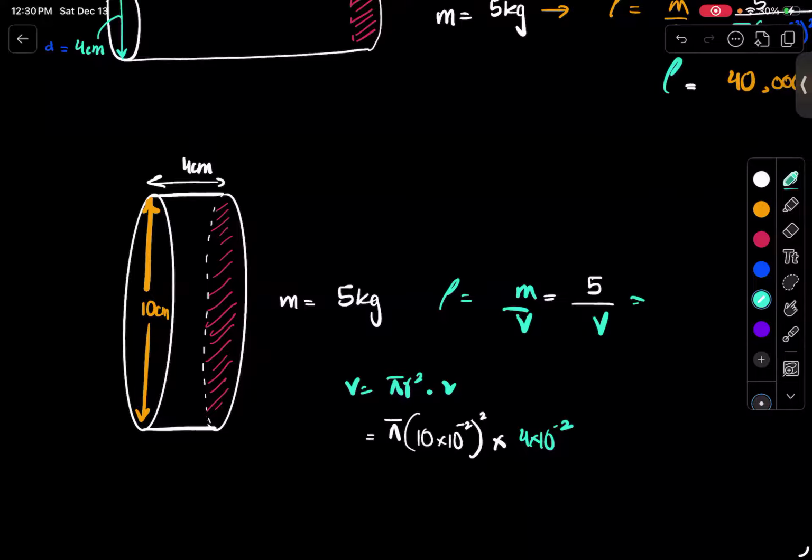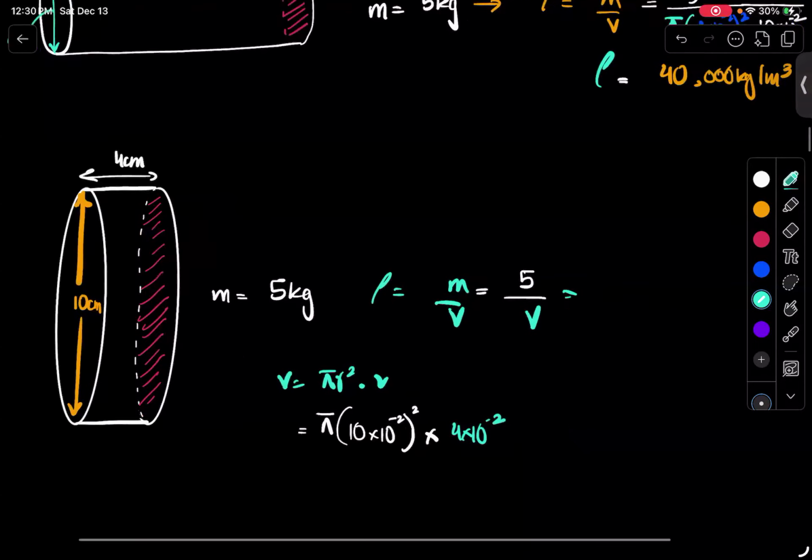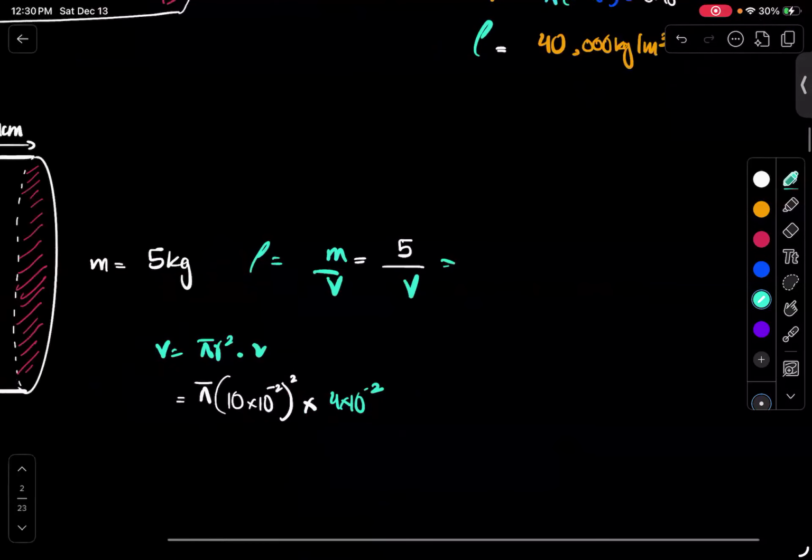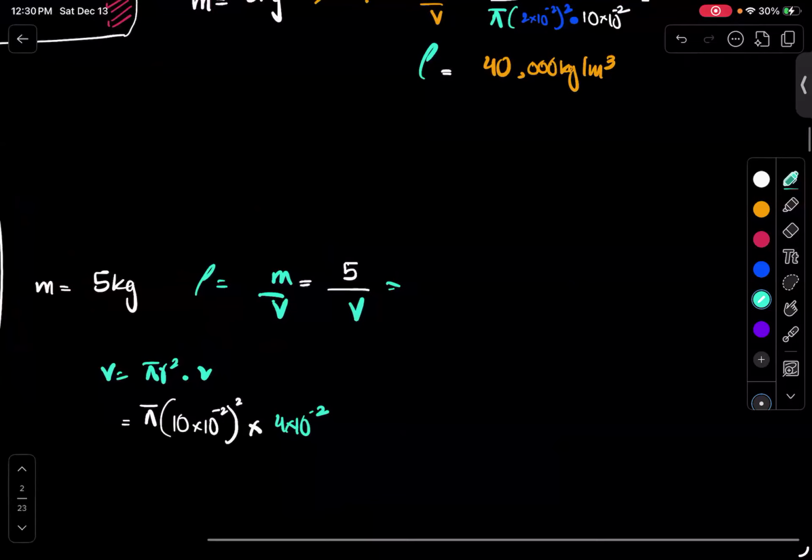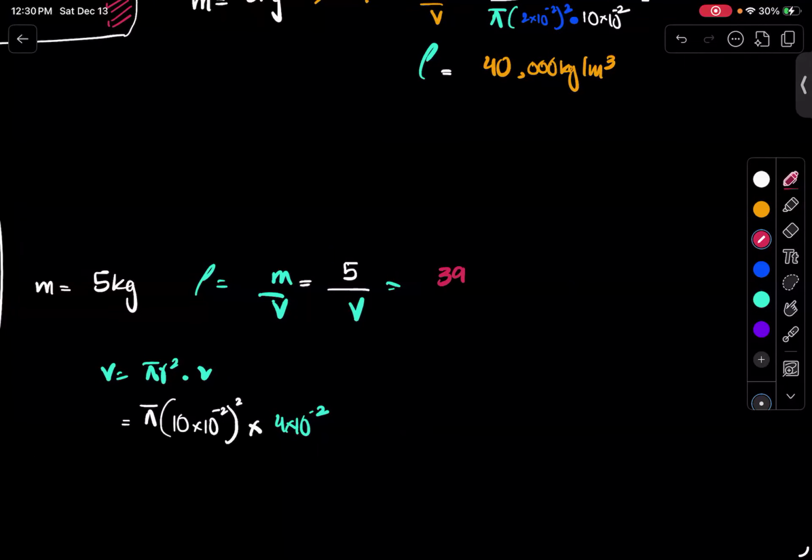So 5 over pi times 10 raised to power minus 2 squared into 4 into 10 to the power minus 2. So this has a density of 3978, or let's just round that up to 4,000 kg per meter cube.